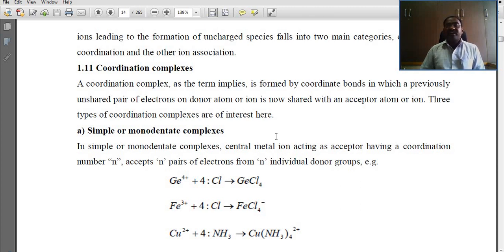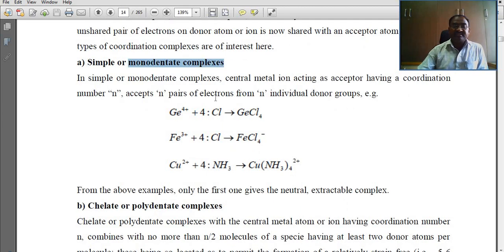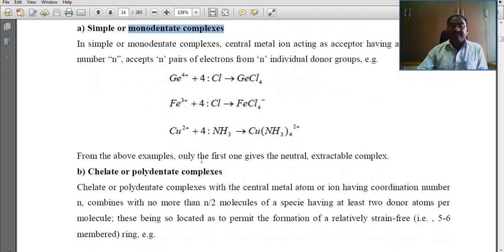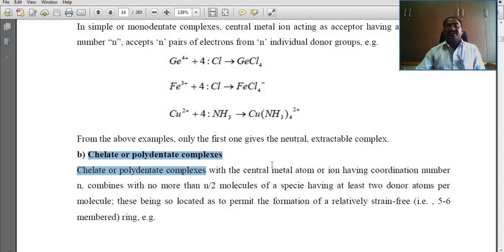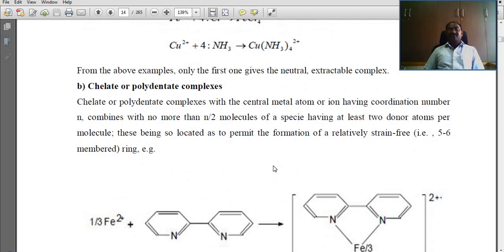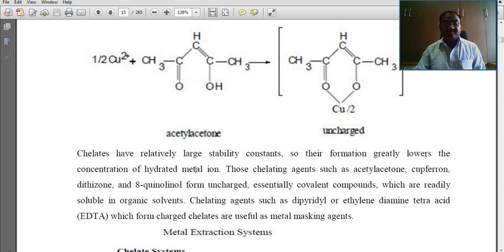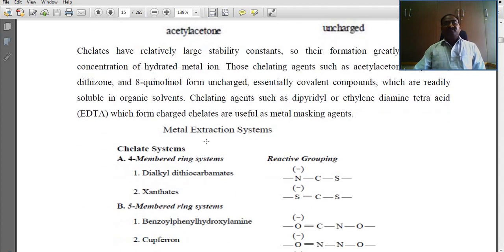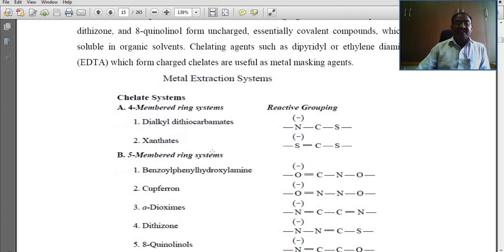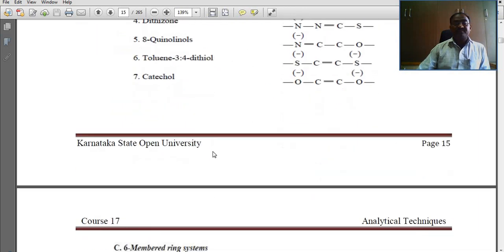Three types of coordination complexes are of interest here. Monodentate complexes have only one donor atom or ligand. Polydentate or chelate complexes have more than one donor atom involved in the formation of the chelate or complex. Some examples, chelate systems and reactive groups, are mentioned here.